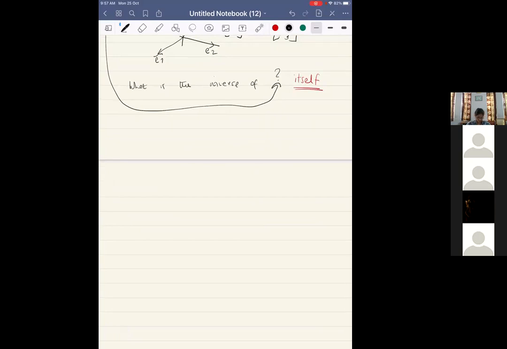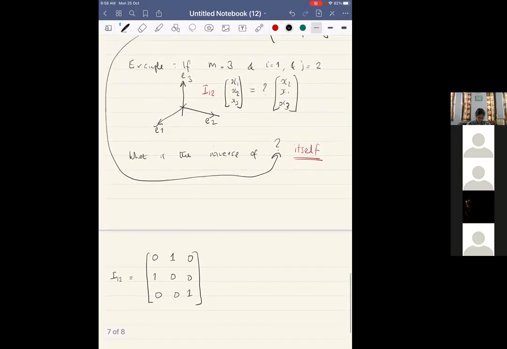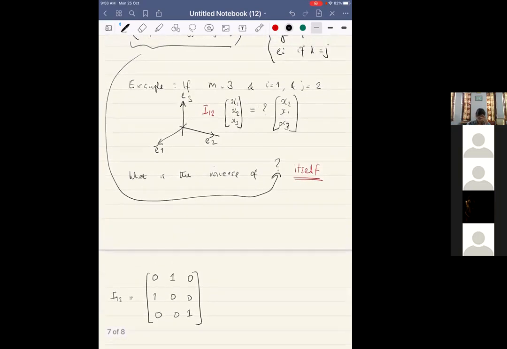The corresponding matrix, which I call I12, looks like this: 0, 1, 0; 1, 0, 0; 0, 0, 1. I just call it I12. Do you first of all agree with this? Yes, sir.